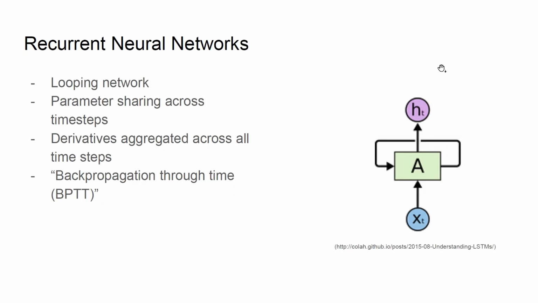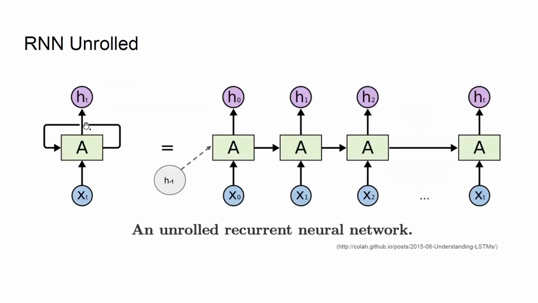Now let's take a look at what recurrent neural networks are. RNNs are looping networks that share parameters across time, and to learn the parameters of such a network, we'll be using backpropagation through time. It'll be easier to understand if we unroll this network. This is basically the same diagram that is unrolled across time. A point to note is that each column shown here, the x0 column, the x1 column, the x2 column, all these columns share parameters.